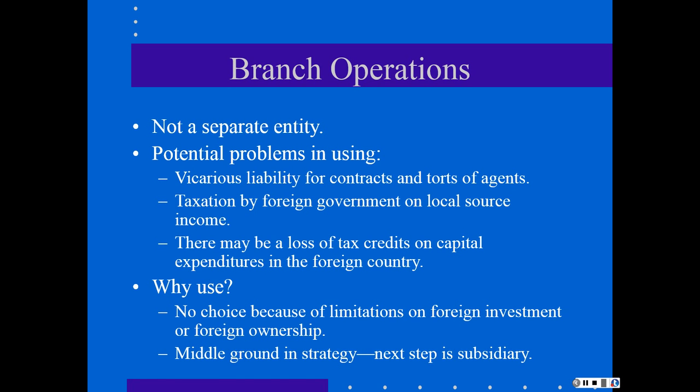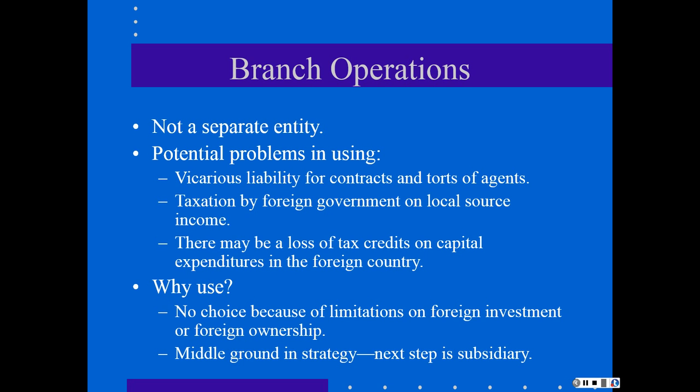Vicarious liability extends to contracts and torts of those agents. There is physical presence to meet due process in foreign countries. Therefore, there's taxation by the foreign government on the local source income.